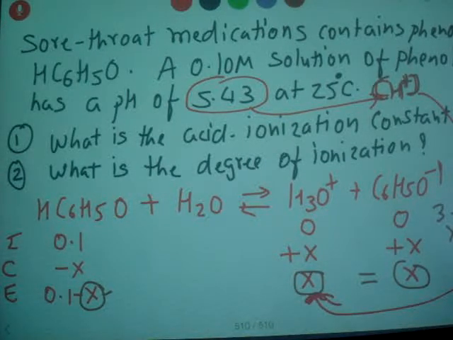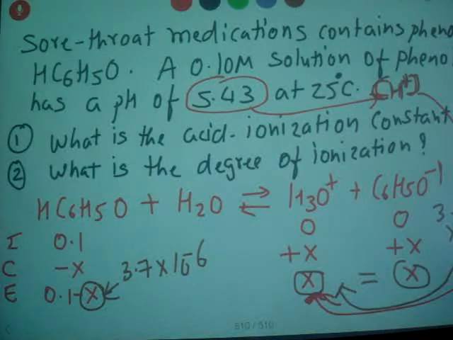That is X. That's the value of X. So here you plug in 3.7 times 10 raised to minus 6, and 0.1 minus that is about 0.1 molar, which is very small. So we said this is going to be about 0.1.